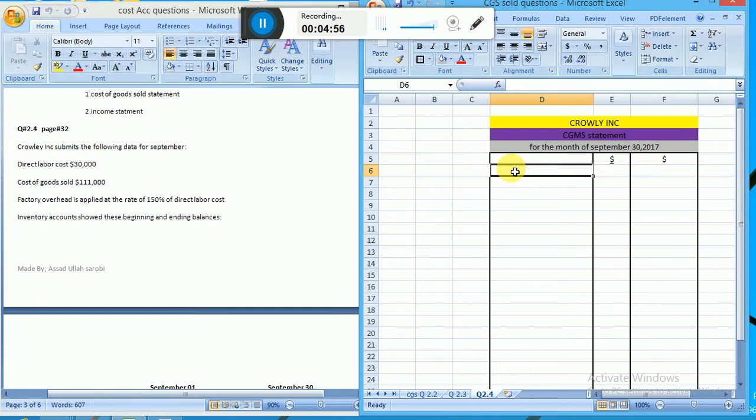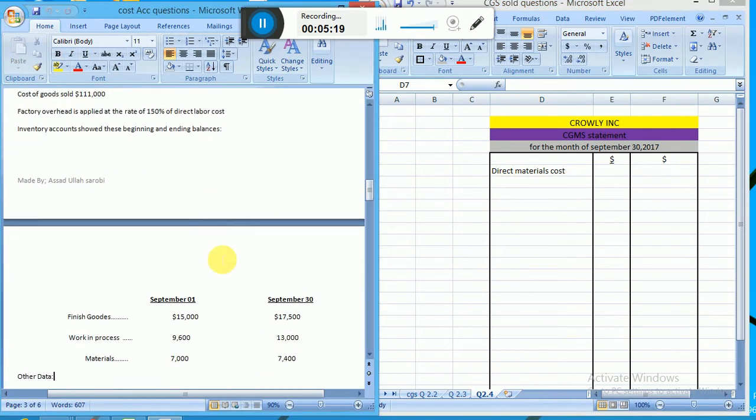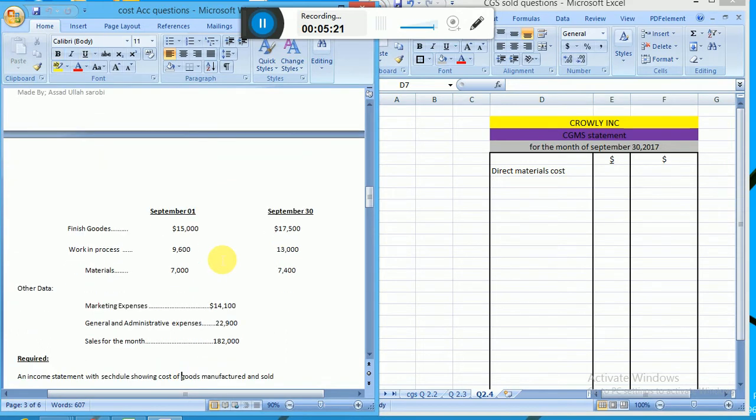So our first portion is the direct material portion. I will write direct material cost. First of all, we will check whether we have direct material from the month of August or not.